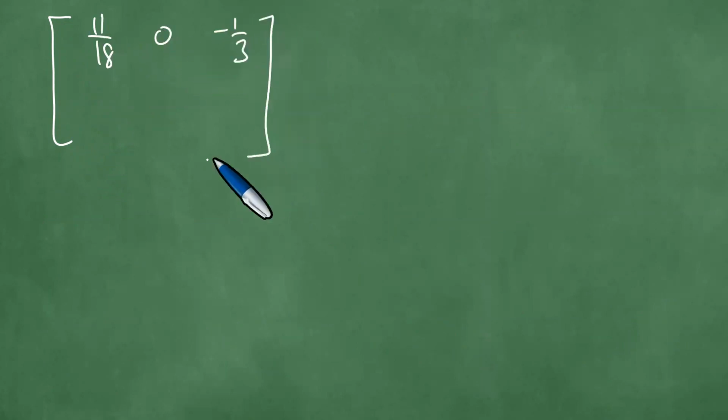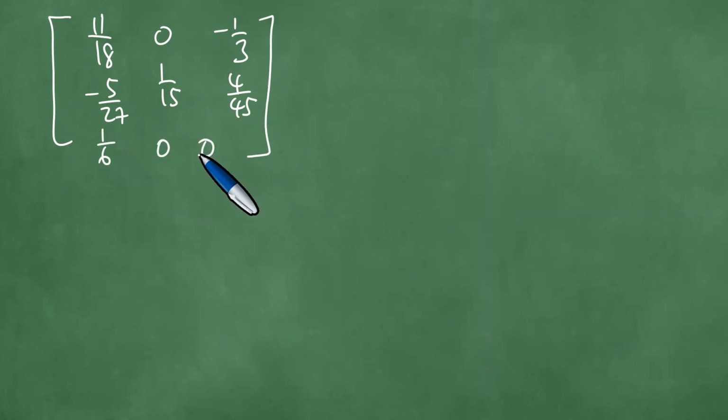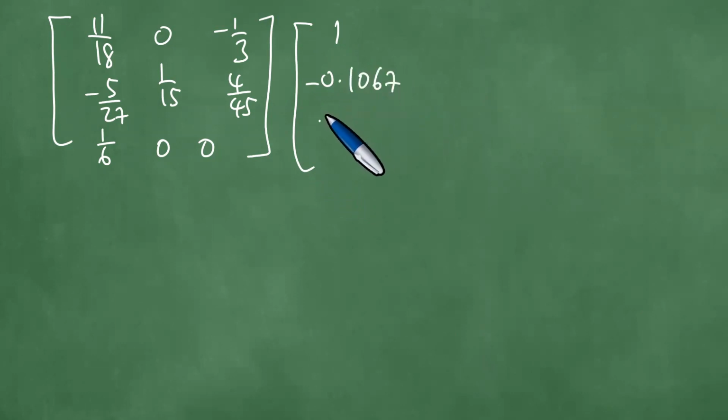And then now you get 11 out of 18, 0, minus 1/3, minus 5 out of 27, 1 out of 15, 4 out of 45, 1/6, 1, minus 0.1067, 0.6.